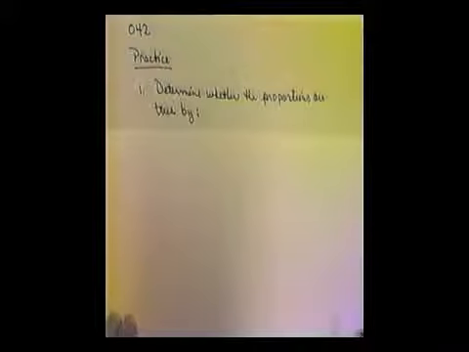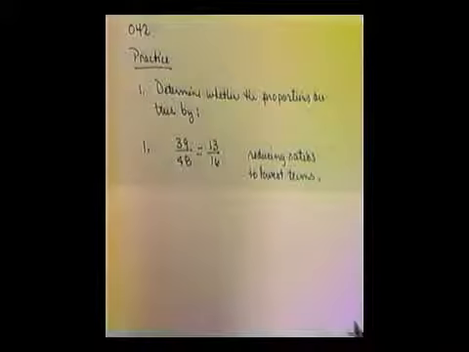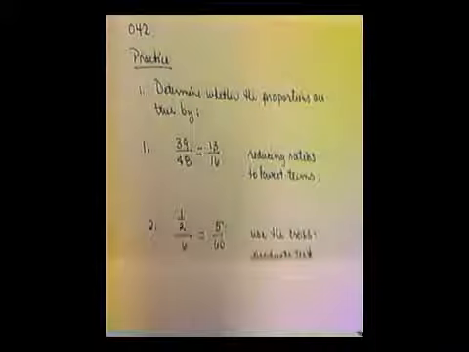Let's try some practice problems. In the first example, I want you to determine whether the proportion 39 over 48 equals 13 over 16 is true by reducing ratios to lowest terms, the first method we talked about. In the second example, I want you to use the cross product test: 1/2 is to 6 is the same as 5 is to 60.